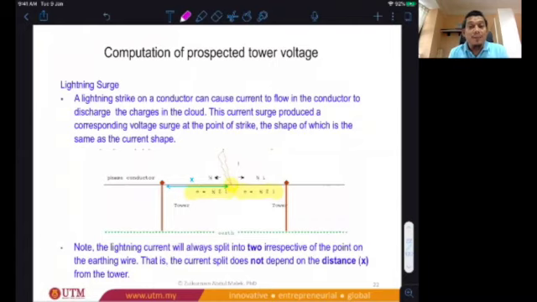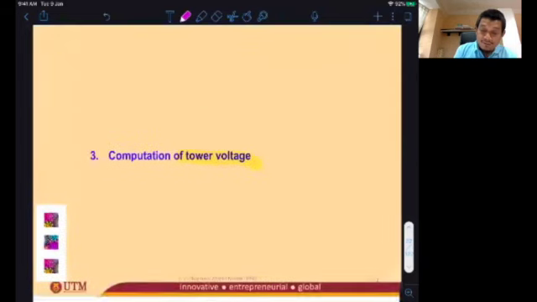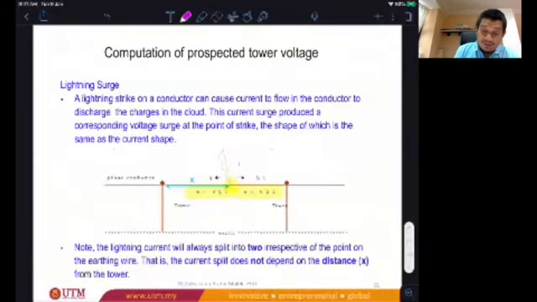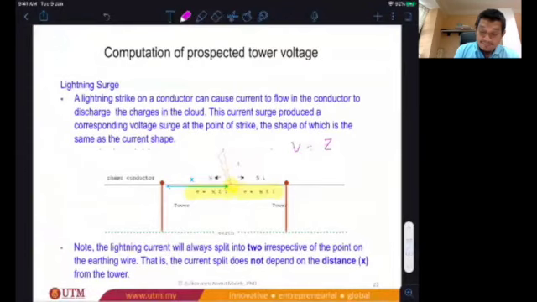But I'm talking about the point of strike. At the point of strike, you will have a voltage generated, and this voltage you can actually compute. So the voltage is actually Z over 2 multiplied by I.